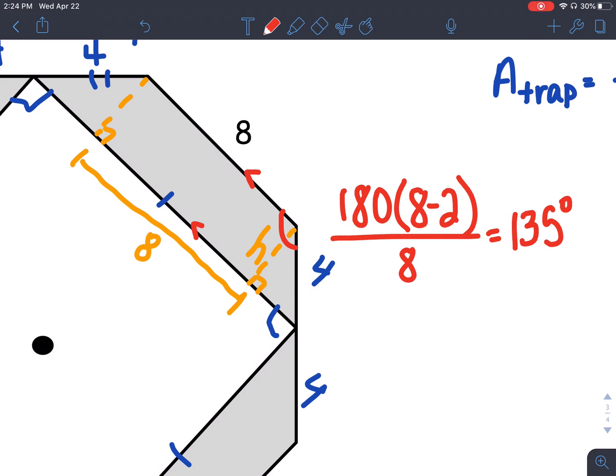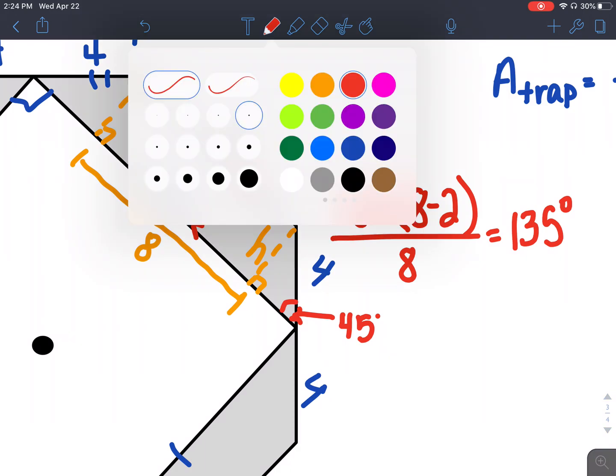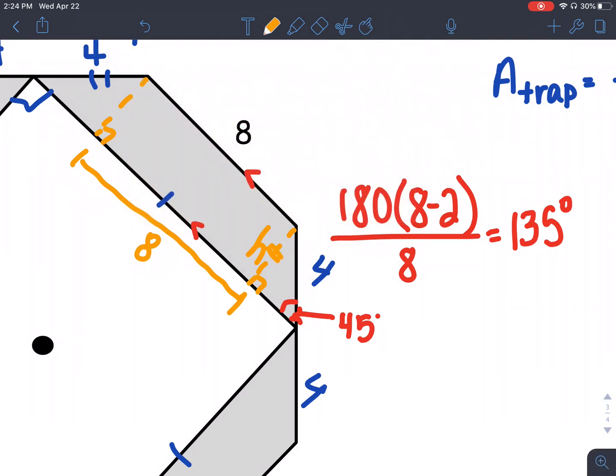Well, if that's 135 and those 2 angles have to be supplementary, I know that this is a 45-degree angle, which now means I have an isosceles right triangle, 45, 45, 90.